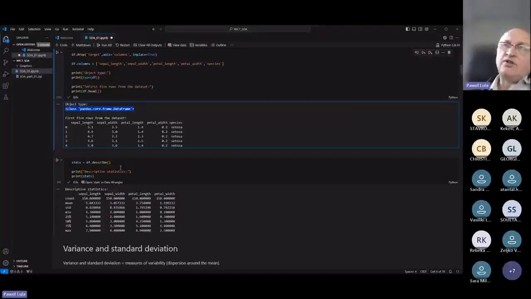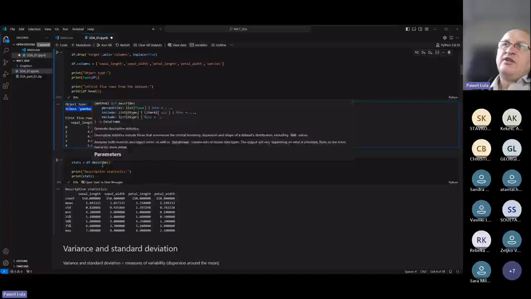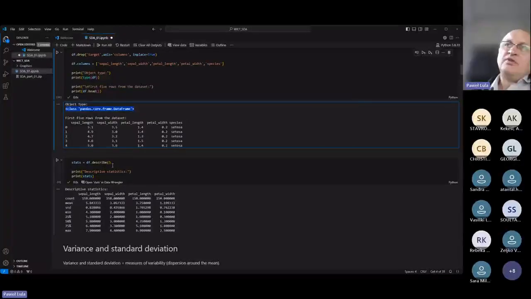To perform these calculations, we should run this describe function. Of course, there are also other packages, but I think that it is the simplest form of generating this descriptive information about values of variables. So I used it here.